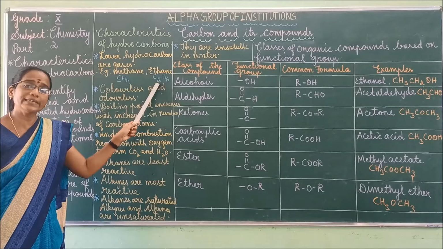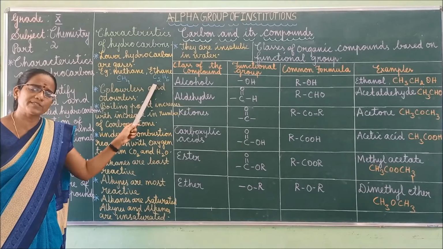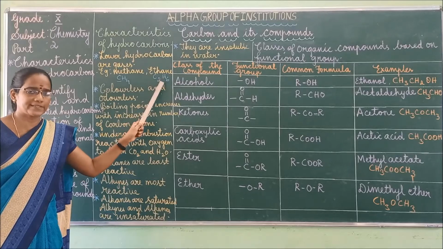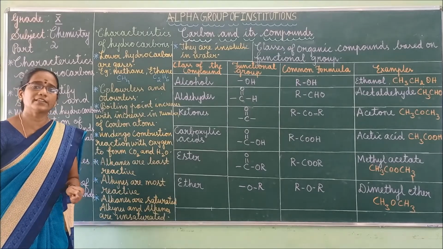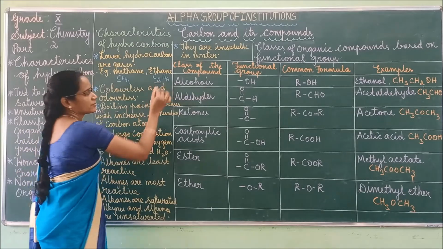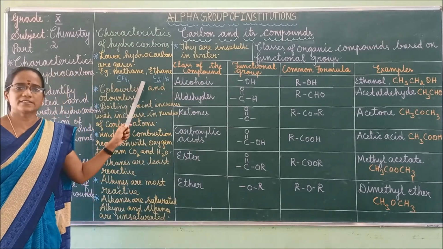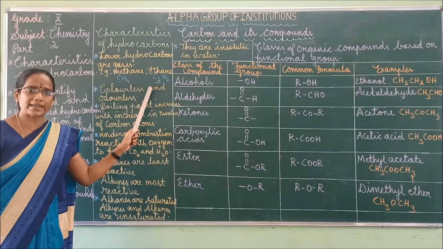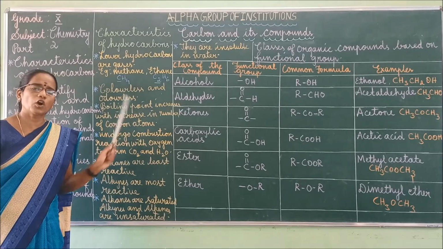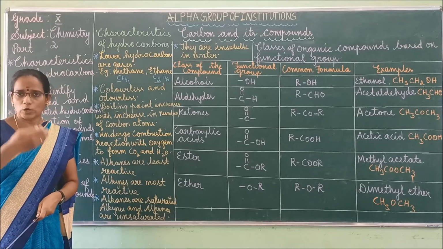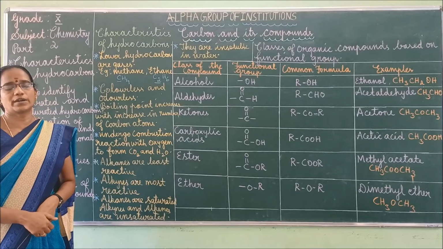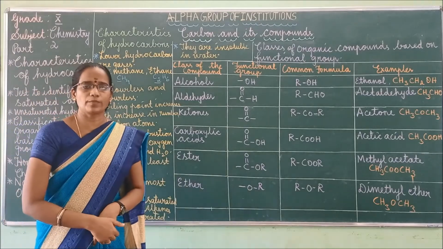Next one, ethane. How many carbon atoms are present? What is the formula of ethane? C2H6. That is 2 carbon atoms and 6 hydrogen atoms are present. Hence it will also come under the category of lower hydrocarbons. So if the number of carbon atoms is below 4, those will come under lower hydrocarbons.